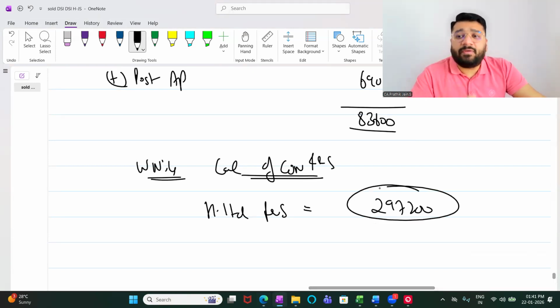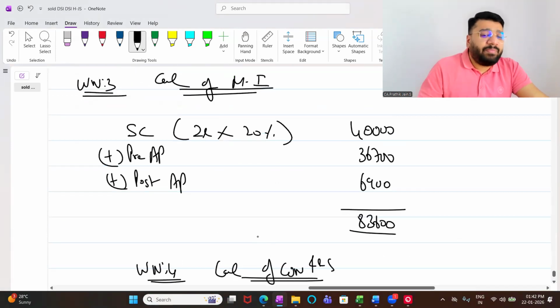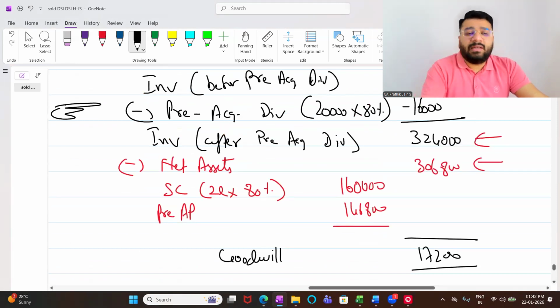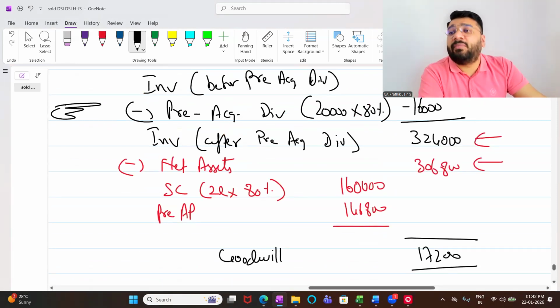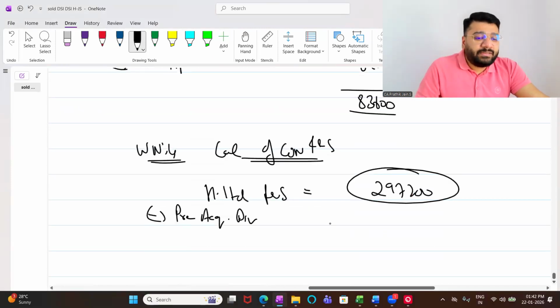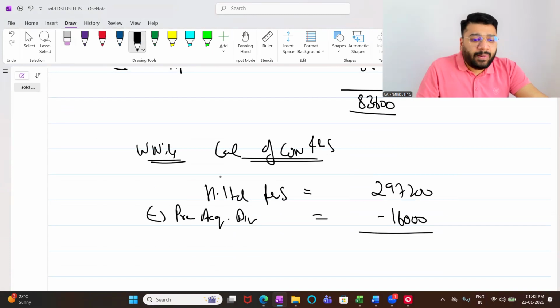Because in this you have included pre-acquisition dividend, so I have to minus that. So I'm doing the rectification now. Whenever you minus the pre-acquisition dividend in working note 2, it will come automatically in working note 4 because we're doing double entry system of accounting. So 2 impacts will come. 16,000. For consolidation, we never do any entries. How much is the balance? 2,81,200.